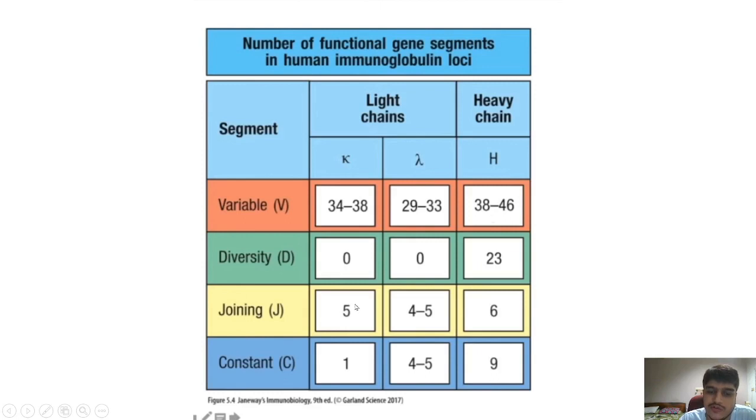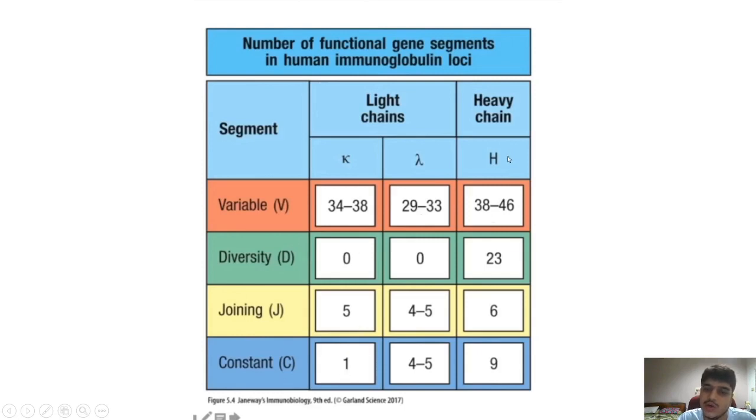You have 5 choices. You take any one of these and recombine with any one of these, and finally recombine with the C. I told you there's no variation or very little variation in the constant segment, that is the C segment.